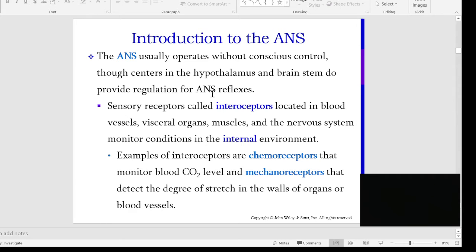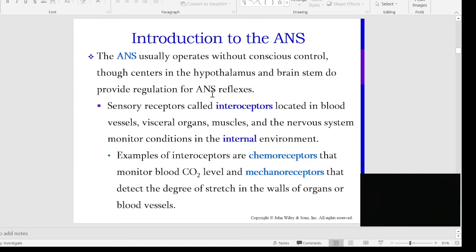Your reflexes involve a sensory neuron, interneurons, and motor neurons, up to the spinal cord. Sensory receptors called interoceptors are located in blood vessels, visceral organs, muscles, and the nervous system.